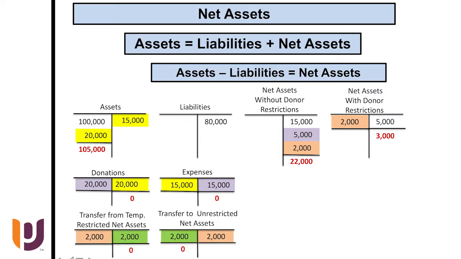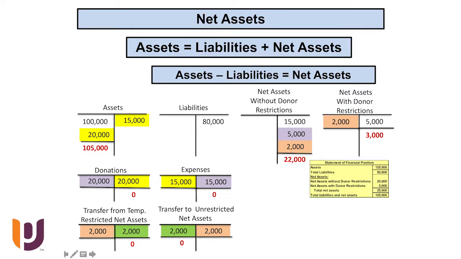Liabilities stay at $80,000. Unrestricted net assets have increased to $22,000. Restricted net assets have decreased to $3,000. On the nonprofit financial statement, instead of having net income of $5,000, we show it as an increase to unrestricted net assets of $7,000 and a decrease to restricted net assets of $2,000.